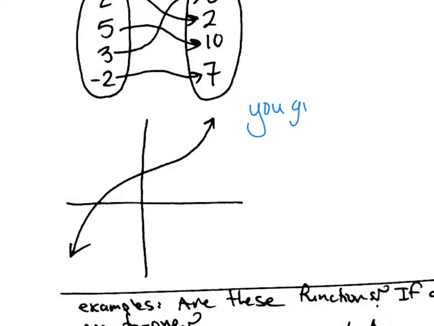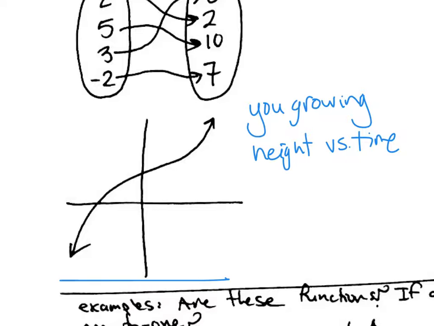growing, so this is while you're still growing, not while you're an old person like me, right? I've stopped growing, or maybe even I'm shrinking. I'm not old. But this is you, and you're still growing. And so we could talk about height as a function of time. Well, the x-axis would be somewhere down here because you don't have a negative height, but you're growing quickly, and then you're still growing, but not as fast, and then you're still growing.